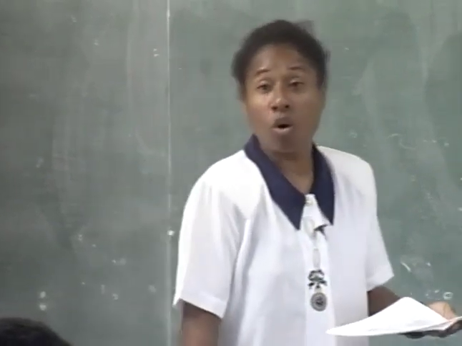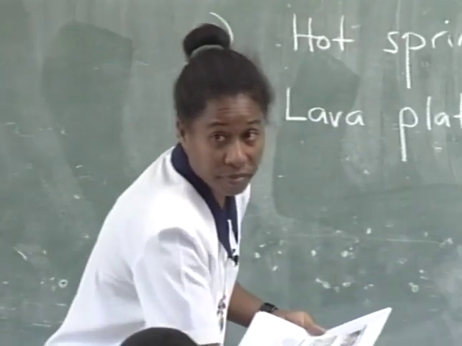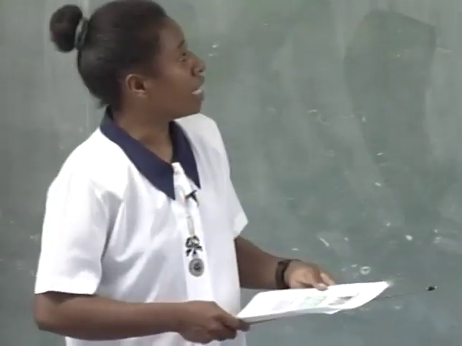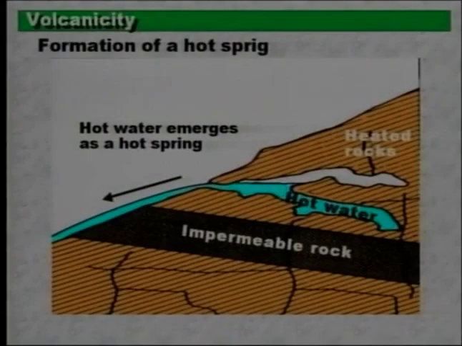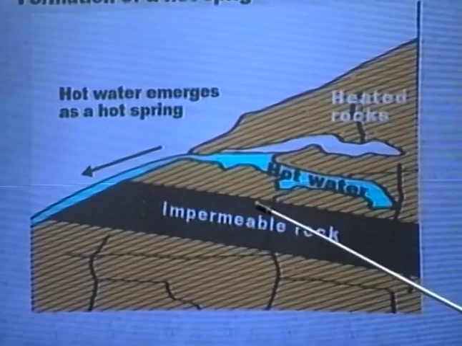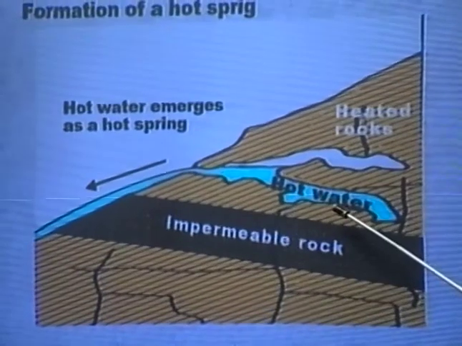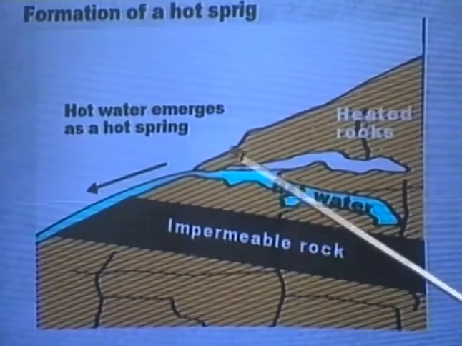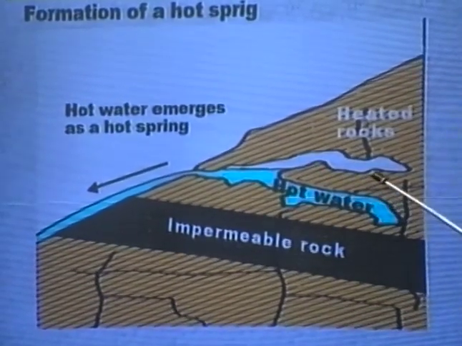Let's look at how hot springs are actually formed. Similar to what we've done on geysers, fumeroles, and Sulfatara, we look at generally how hot springs are formed. It is important for us to note the structure of the rocks under the surface. Generally, you have rocks and cracks on the surface that will allow water to pass through.